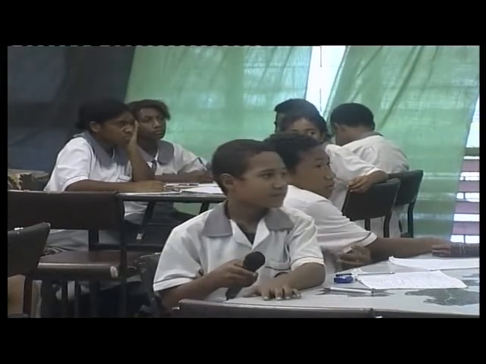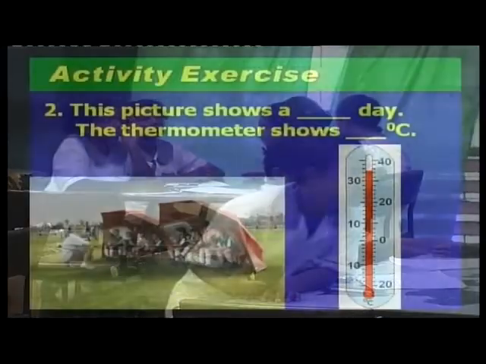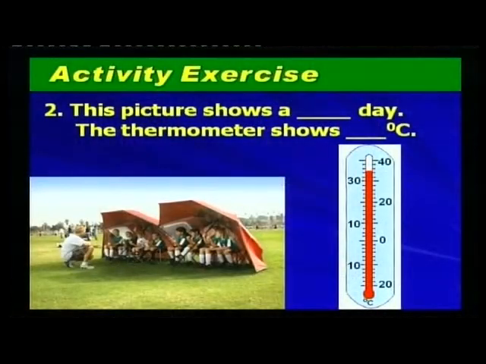Robert, why do you say it is a hot day? What is the thing that is telling you that it is a hot day? Because the temperature is 32 degrees Celsius. Is it really 32 degrees Celsius?